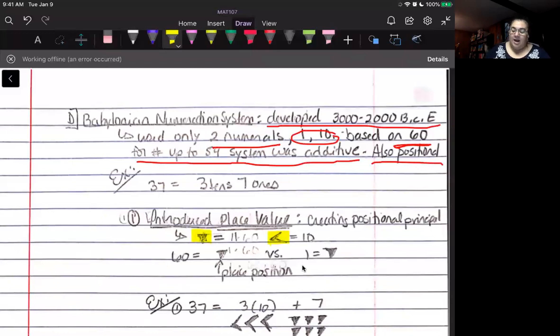However, depending on where you placed it, it was either 1 by itself, or if you moved it to the right, and that's why you'll see here for the number 60, that there's space here. If you moved it to the right, then that became that symbol times 60. So now, instead of this being 1, it's equal to 60. However, if you see that we move it to the left, then it's just 1. Okay?